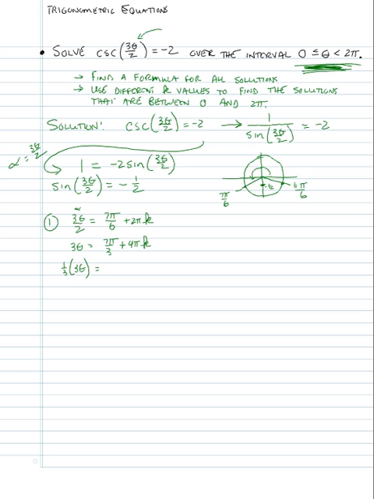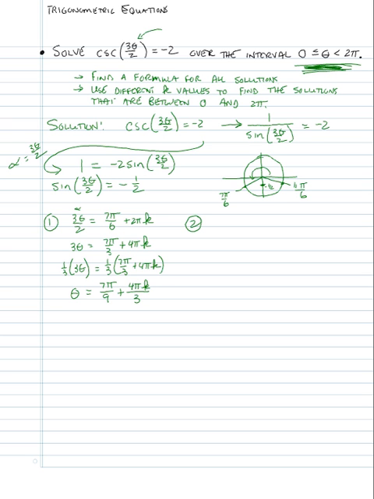And when I multiply the very first term over here, let's just write it out. Well, 1/3 times 3 theta gives me theta. 1/3 times the first term over here is 7 pi over 9, and 1/3 times 4 pi k is 4 pi k over 3.